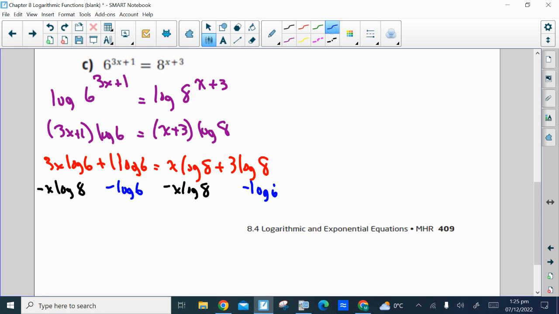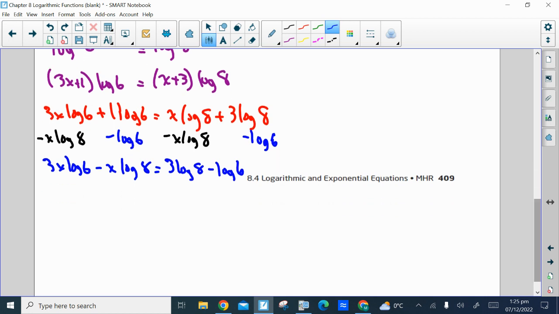And so this will now give me an expression where I have all the x terms together on the left, and all the terms that don't involve x on the right. So again, remember, we're trying to solve for x. We want to get x by itself. So on the left side, I have two completely different terms involving x.